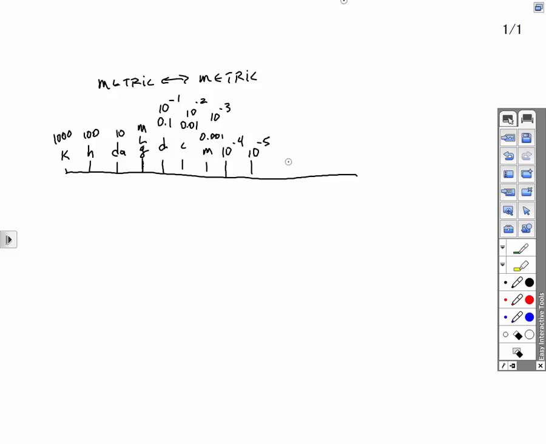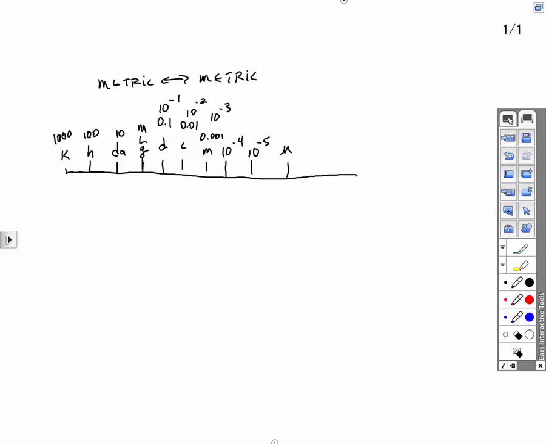Don't know that. But I can put at 10 to the minus 6 at this juncture, let's see, that would be micro. And the micro is like a symbol of a U, except you put a tail on the front of it, just a little bit of a tail. Now, of course, on a computer, we can't type that in.